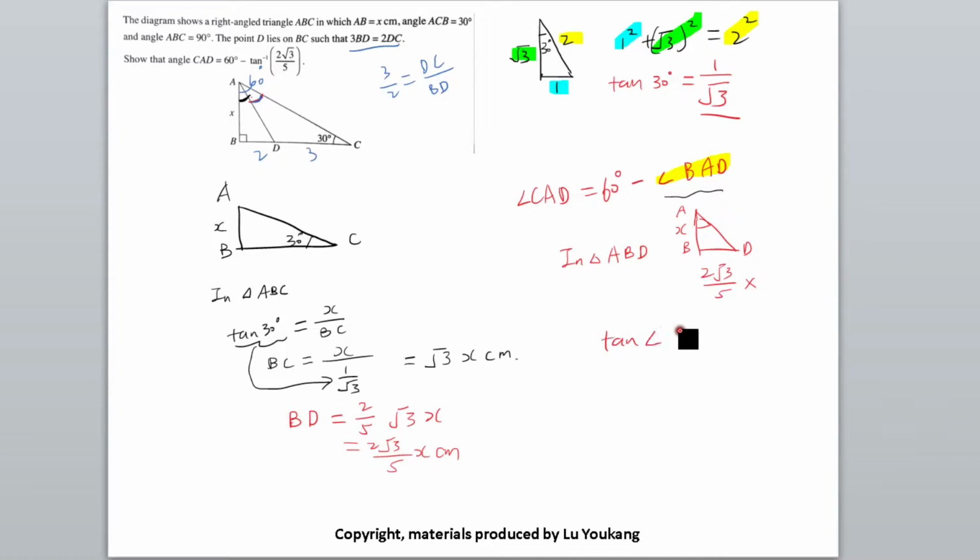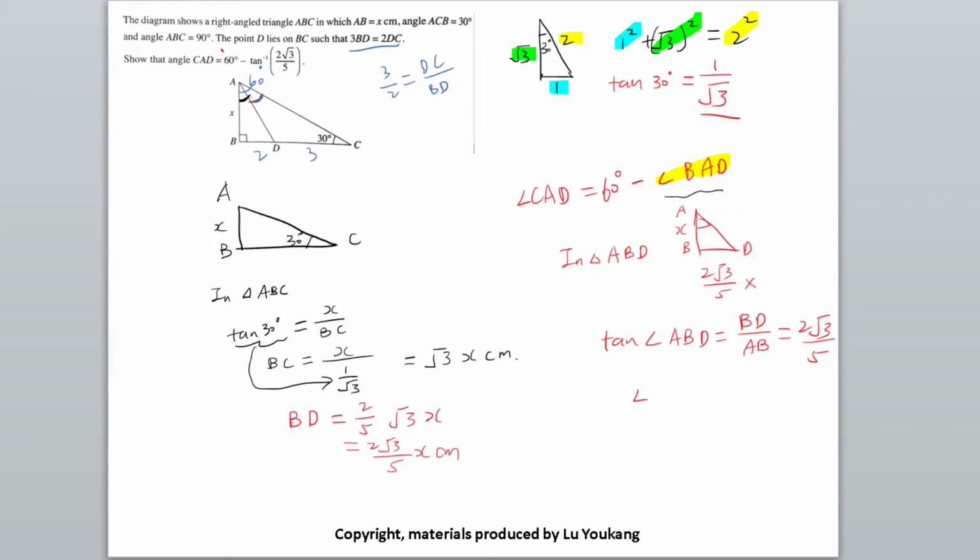So we are asked to find angle BAD, right? So again, use tangent, triangle ABD. I'm sorry, I'm wrong here. I will correct it. It should be tan BAD equals BD over my AB, which is 2 square root 3 over 5. So therefore, angle BAD, not ABD.